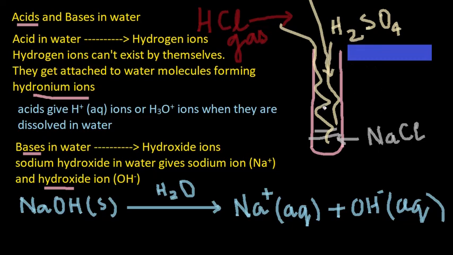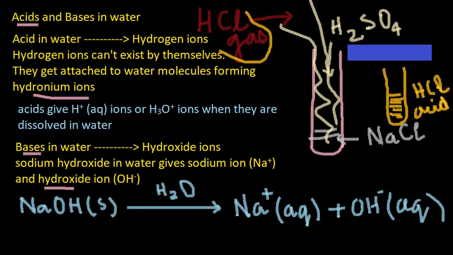Now, instead of this gas, if you have another test tube which contains some hydrochloric acid, so mark my words, instead of hydrogen chloride gas, now we are having hydrochloric acid. And if we put this same litmus paper into this hydrochloric acid, what we will find is that the color of this litmus paper changes to red.